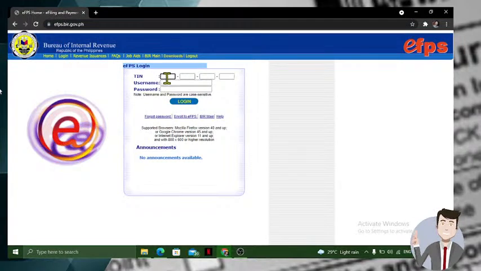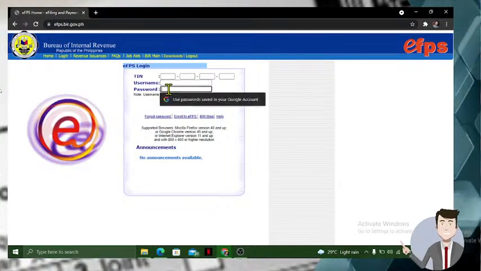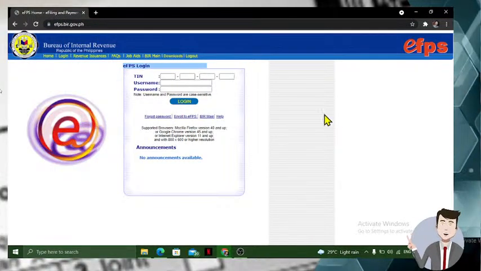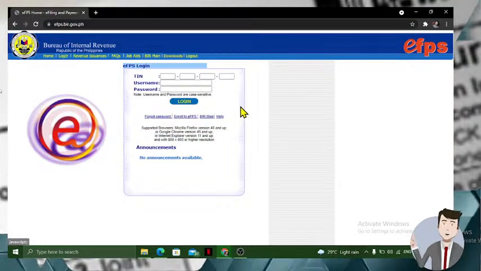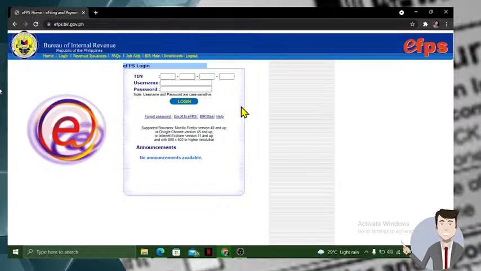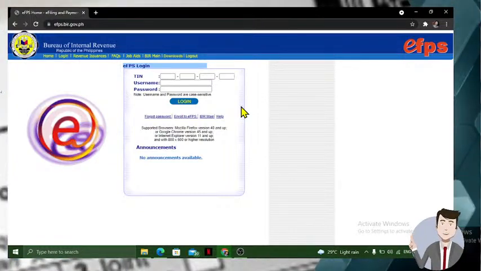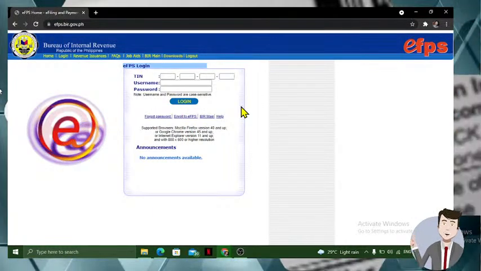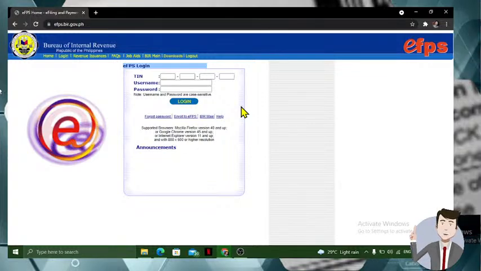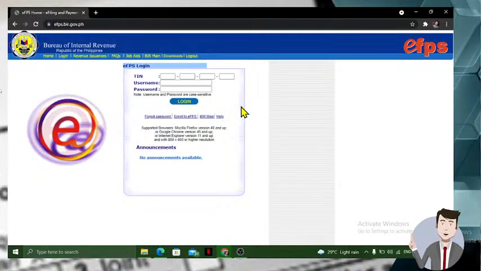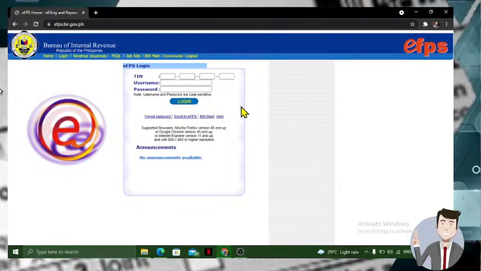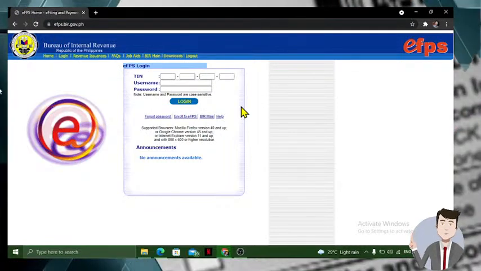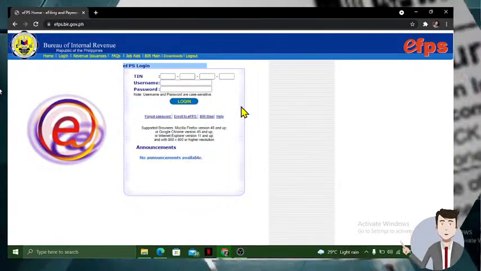If you have your TIN, username and password, you can log in to the website of the BIR. I will no longer discuss how to file through EFPS, but the difference between EFPS and eBIRForms is that with eBIRForms, you have to send your accomplished BIR return through email.